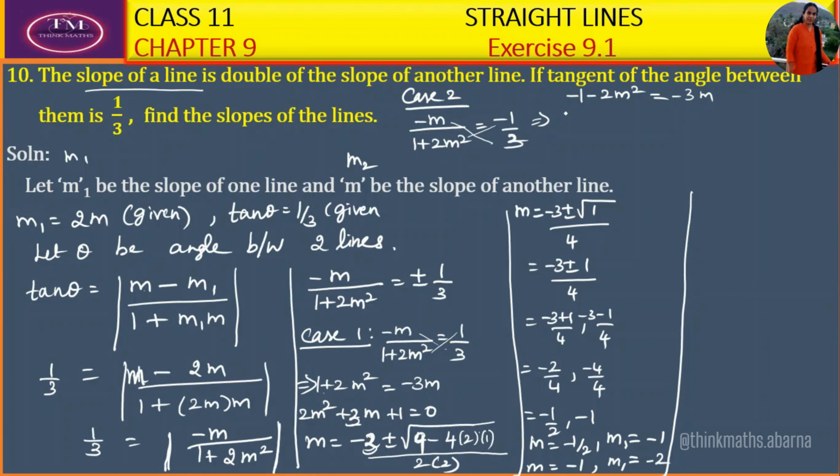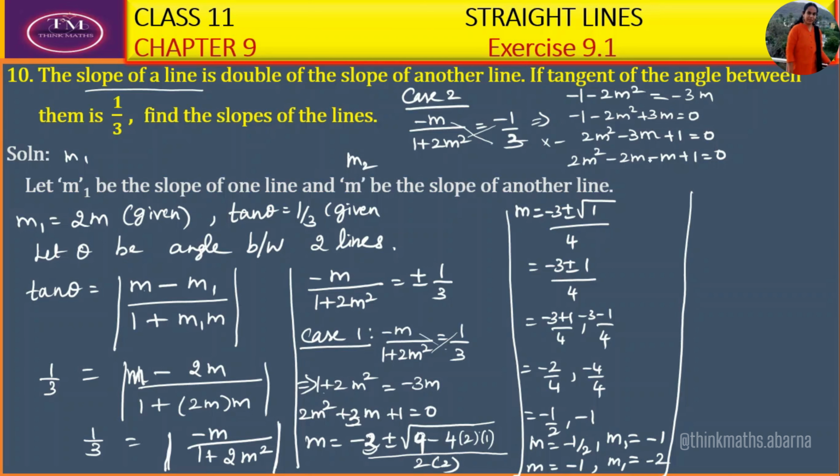So bringing everything to one side, we will get minus 1 minus 2m square plus 3m equal to 0. Now multiplying with negative sign, we will get 2m square minus 3m plus 1 equal to 0. So this can be written as 2m square minus 2m minus m plus 1 is equal to 0.